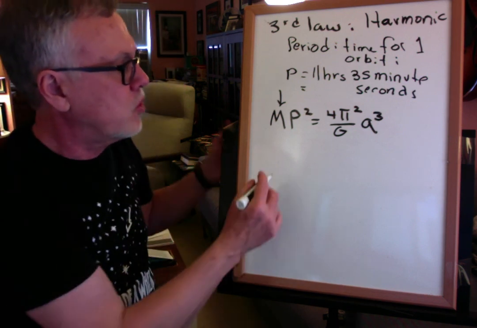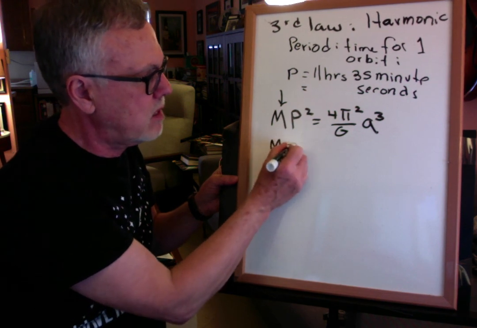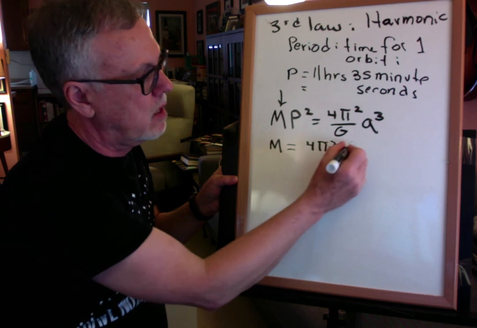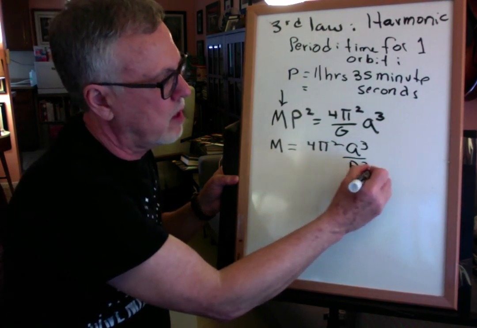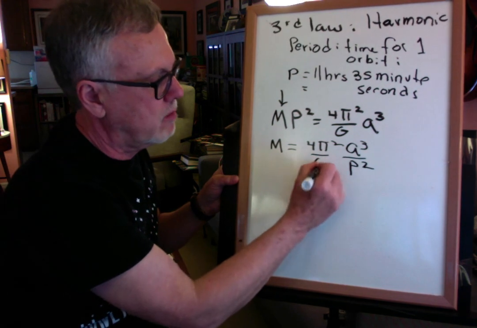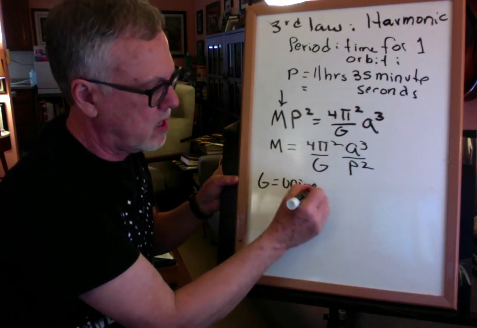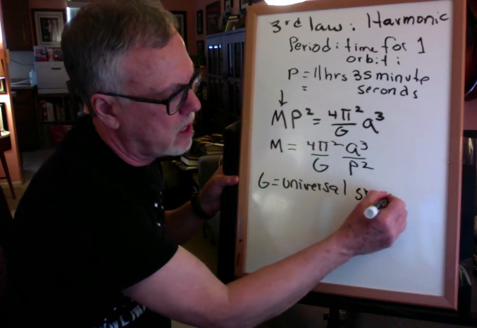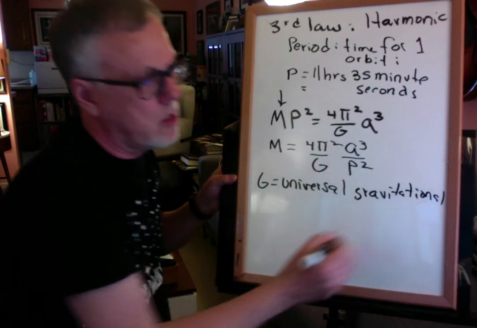So what you're going to be doing is changing this to mass equals 4 pi squared over G, a cubed over p squared. And don't forget this big G, which is known as the universal gravitational constant. We believe that it's related to the force of gravity.